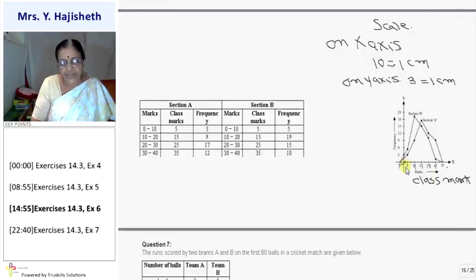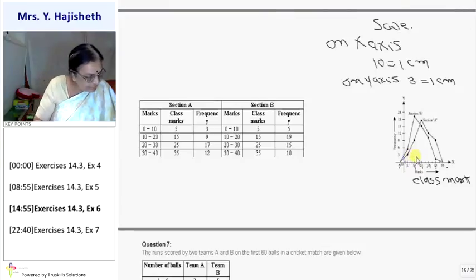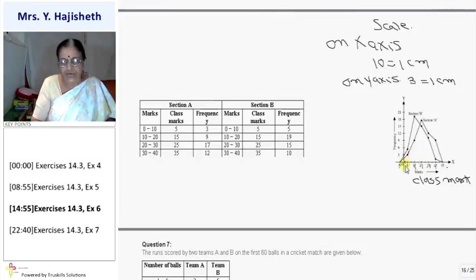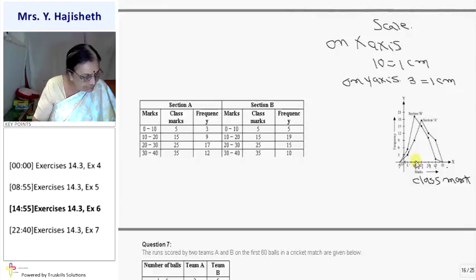The first point is xi, fi, because x1 is 5 and f1 is also 5, so 5, 5. Clear? Second is 15, 9.